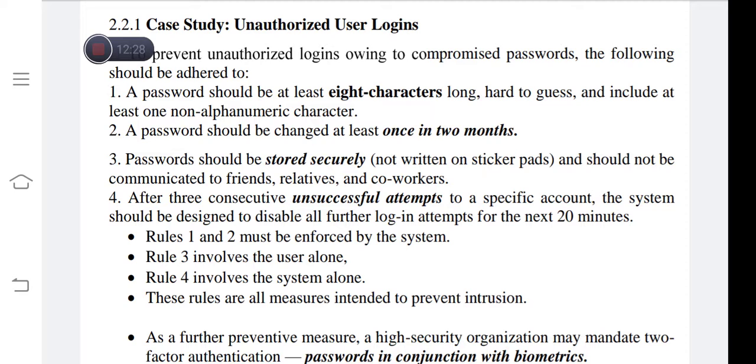Then rule 4 involves the system alone. Rule 4 is with respect to unsuccessful attempts by any person. Then he is not allowed to reattempt the login for another 20 minutes. So this is again a constraint given from the system side.